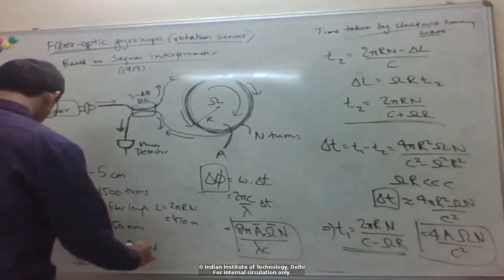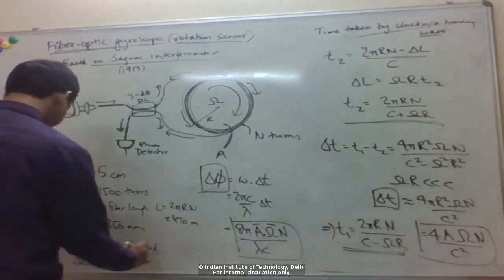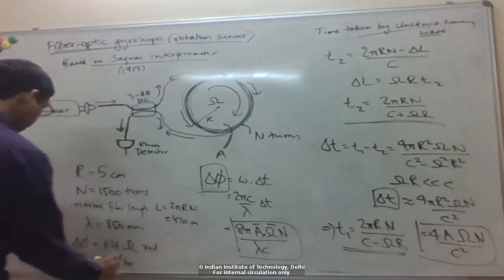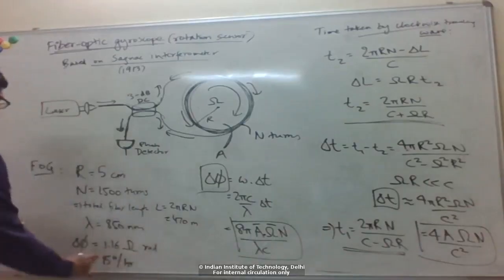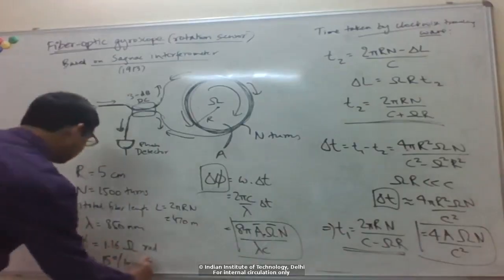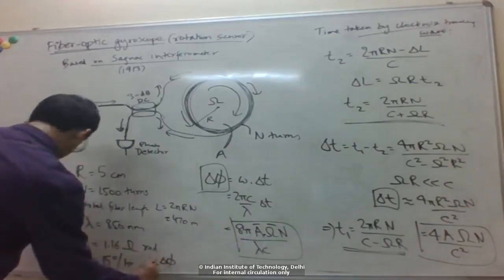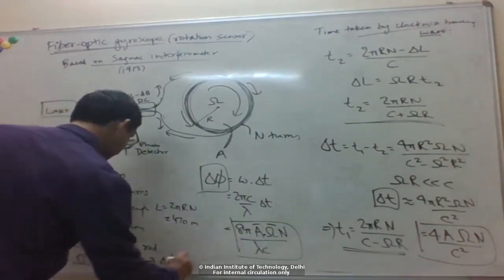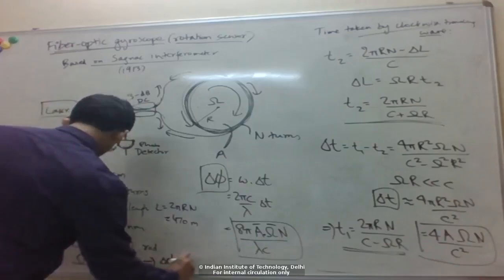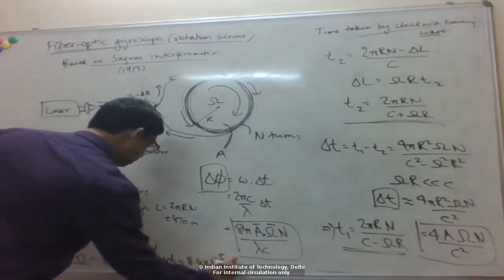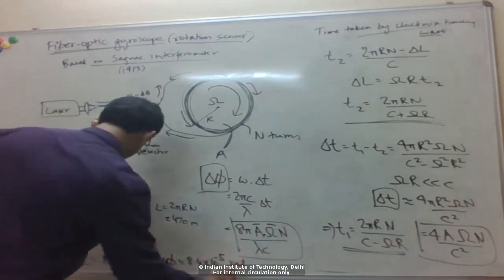If you convert this to radians per second and then put it in here, that corresponds to a phase change of about 10 to the minus 4 radian. So 8 times 10 to the minus 5.